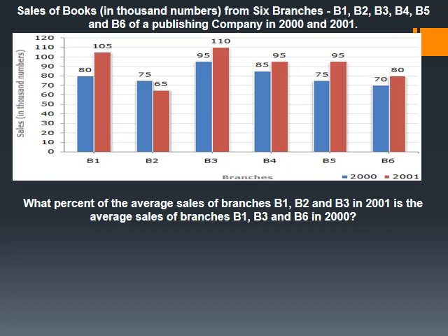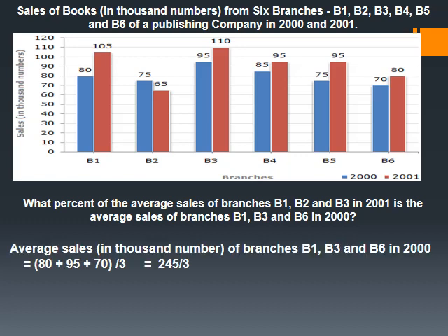So whatever we get for 2001, you divide that by 2000 and multiply by 100.